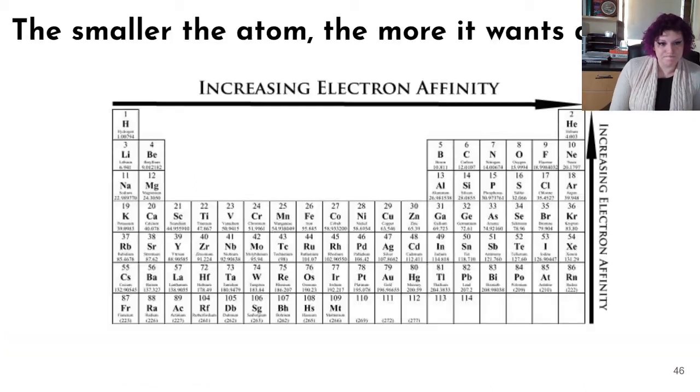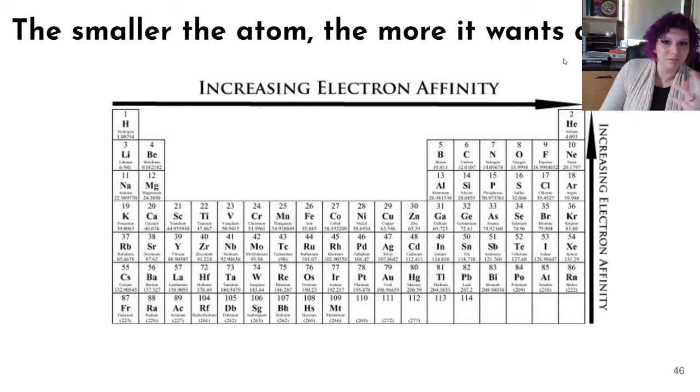Okay. So, the smaller the atom, right, the closer everything is to the nucleus, the more it wants an electron. So, smaller wants electron. So, this chart, increasing electron affinity. So, increasingly want another electron. We see that's a lot of this top right here.